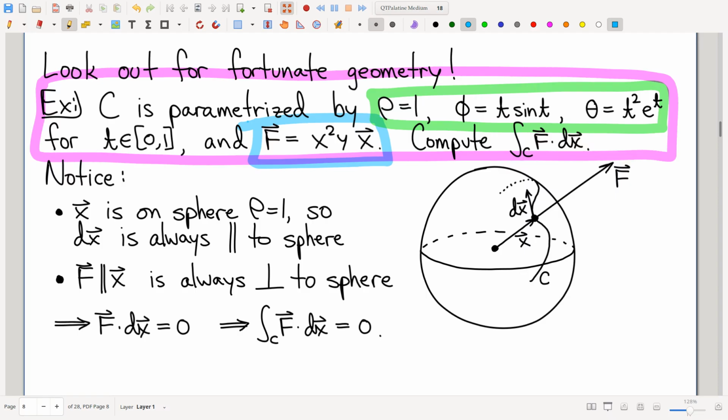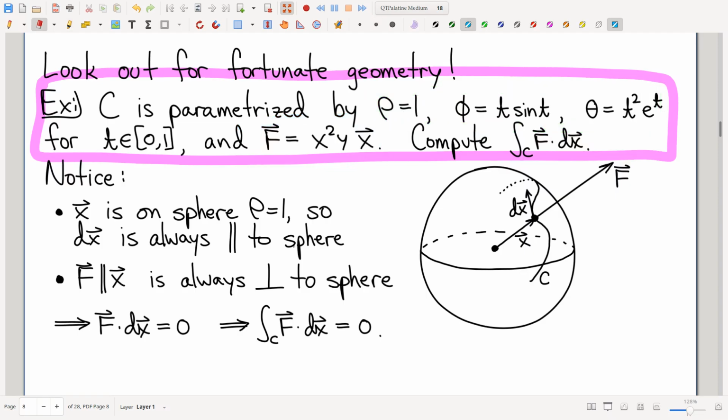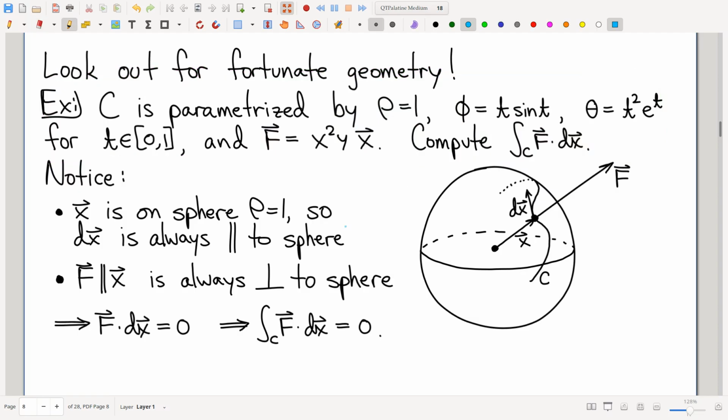So, okay, here's the clever convenience, and that is to think about geometry. We're going to start off by noticing that our curve, among other things that I don't need to refer to, I know that every point on this curve is on the unit sphere, because rho is equal to 1.